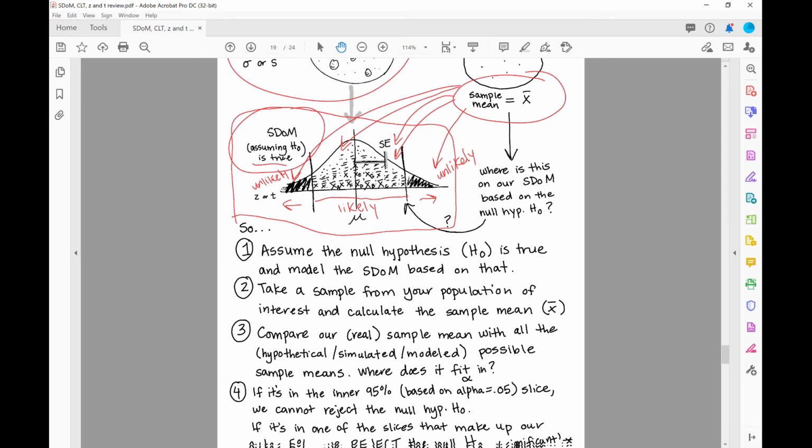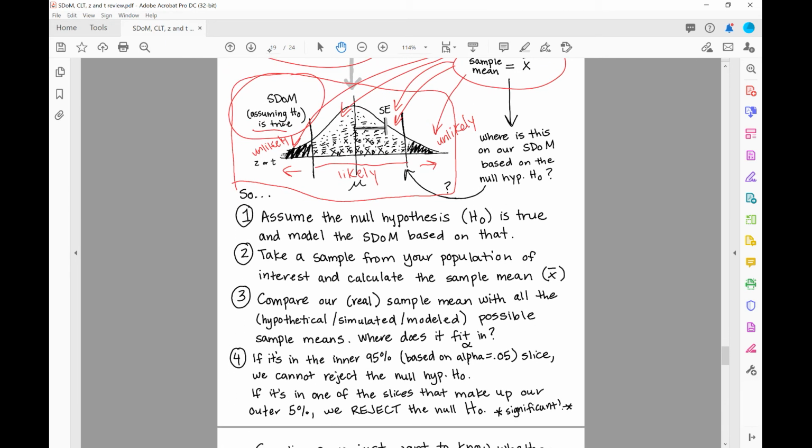So if it's in that inner 95%, and this corresponds to if our P is above 0.05, that means it's somewhere in this middle area, then we can't reject the null hypothesis because it could happen. It's not super unlikely.